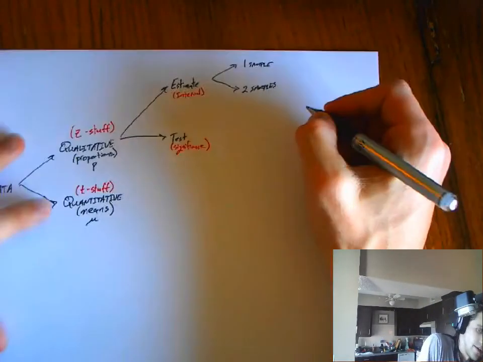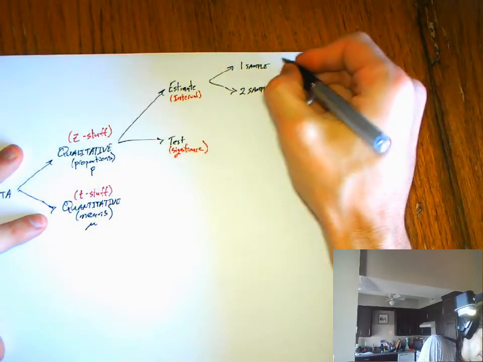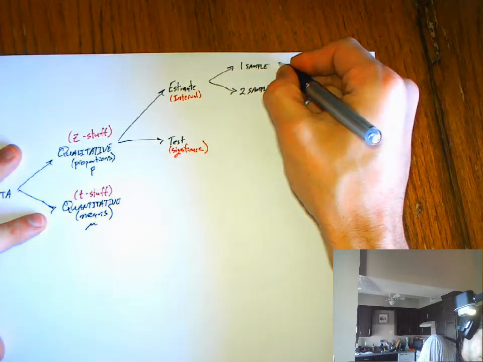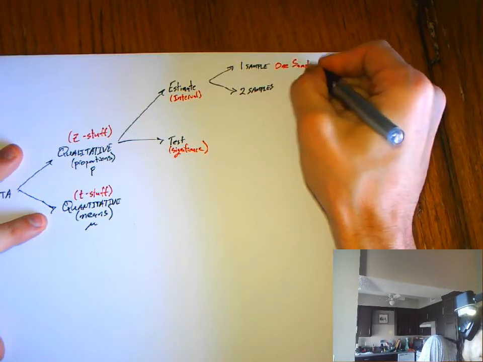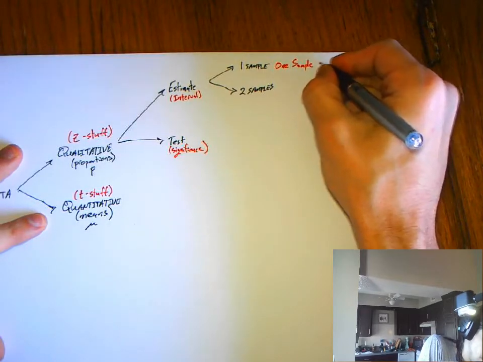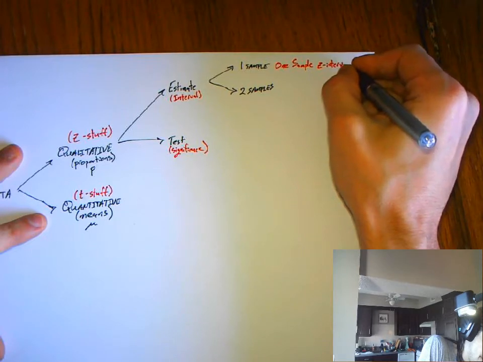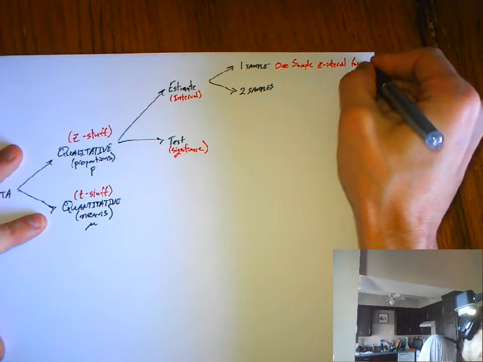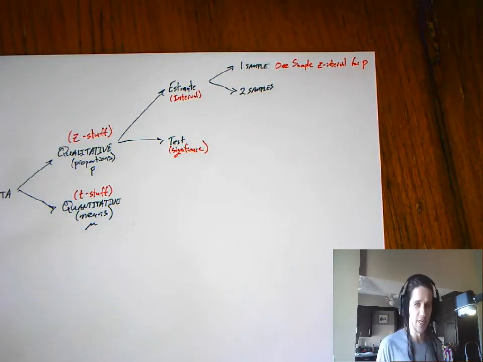What is that? Let's get my lamp on here. That is a one sample Z interval for P. One sample Z interval for P.